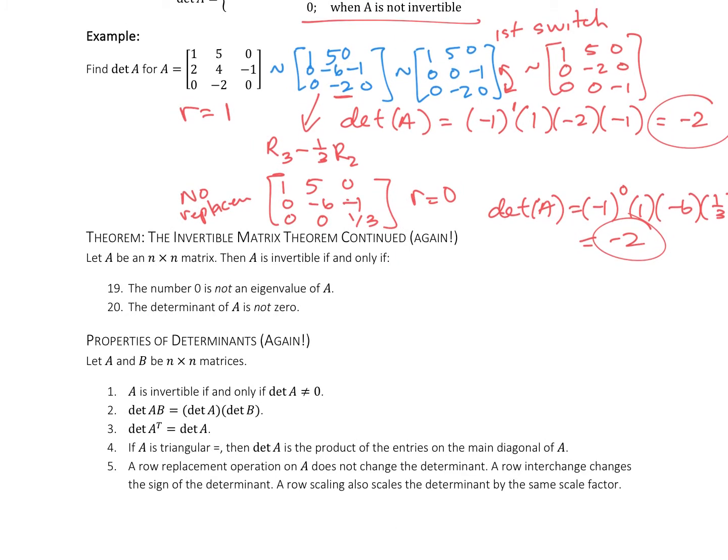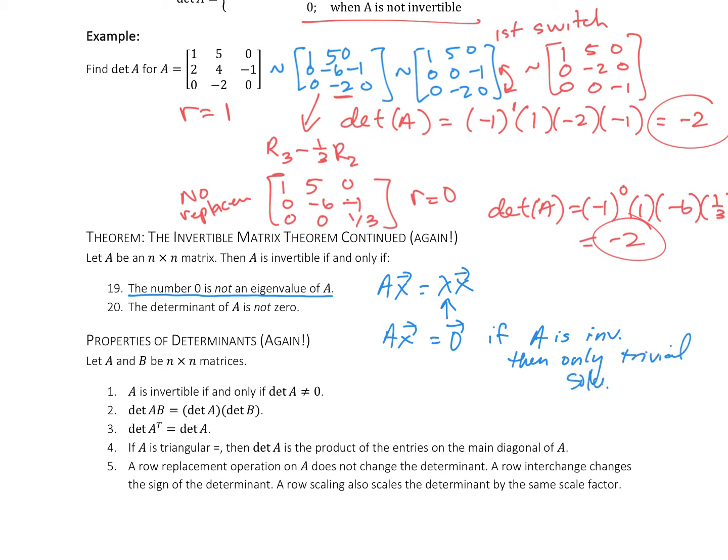The next thing that we can add, and hopefully this should follow, is that the number 0 is not an eigenvalue of A. We talked about this in the last section. If AX equals lambda x, and lambda is 0, that means that AX equals 0. If A is invertible, then it says only the trivial solution.